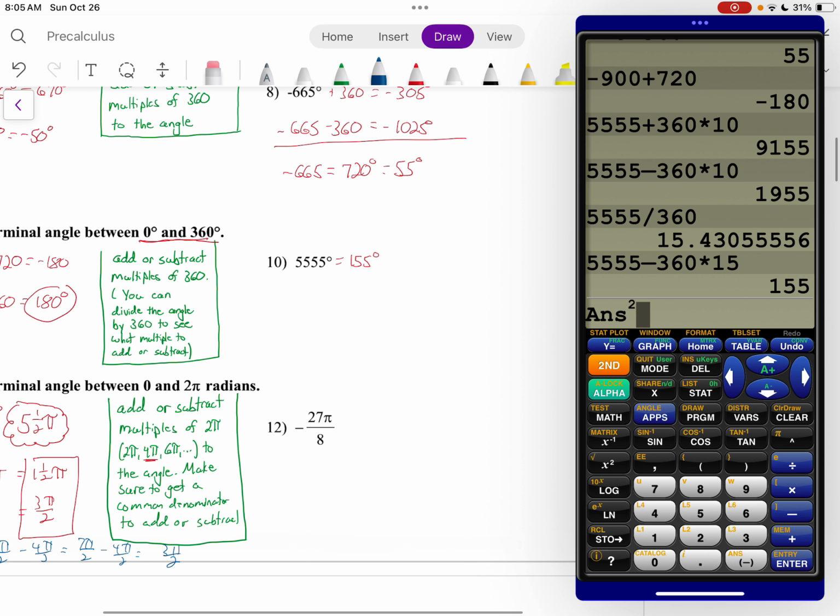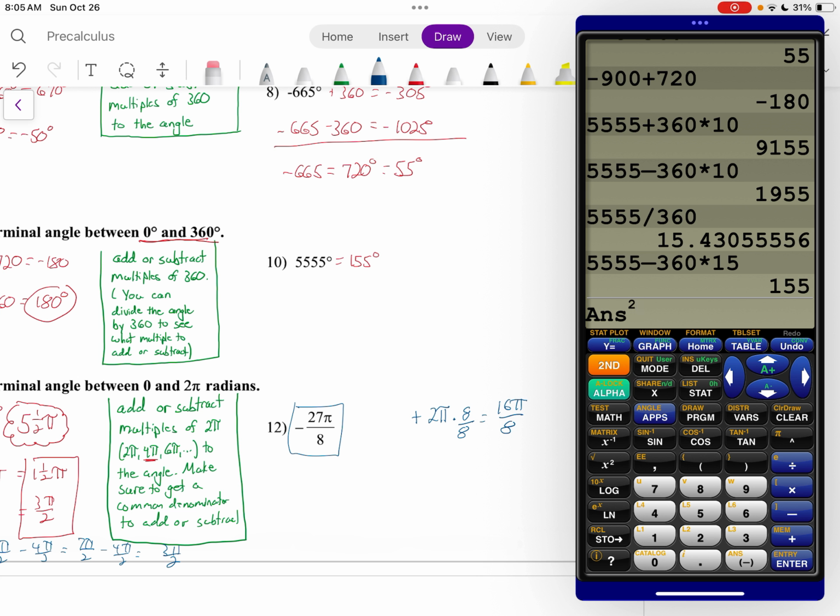Number 12, we're in the negatives, so we're going to want to add 2 pi or some multiple of 2 pi. Again, you can do this a couple different ways, but what we can do is get a common denominator. We need an 8 in there, so this is 16 pi over 8. Adding 16 pi over 8 to negative 27 pi over 8 won't get us out of the negatives.